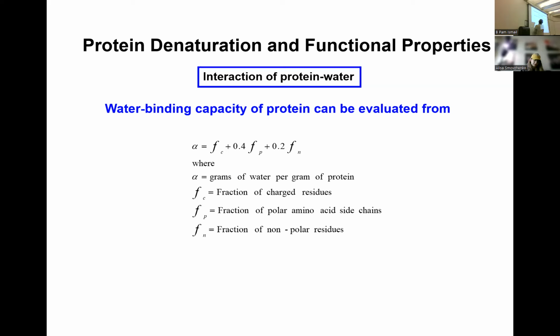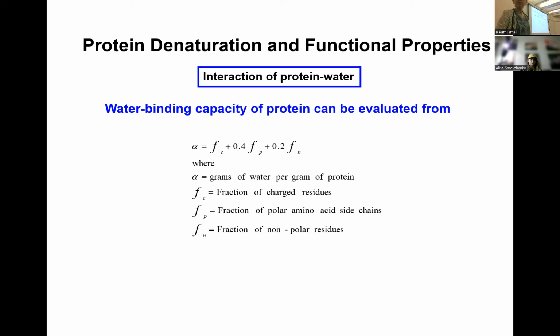And you can see that water binds to all of them, but it's impacted mostly by the charge. The more charged the protein carries, the more binding of water. And then polar. And you think that non-polar amino acids don't bind to water, but they do bind to water, because amino acids have all of these functional groups that still can do hydrogen bonding interactions. So even non-polar residues can bind water, but to a lesser extent.